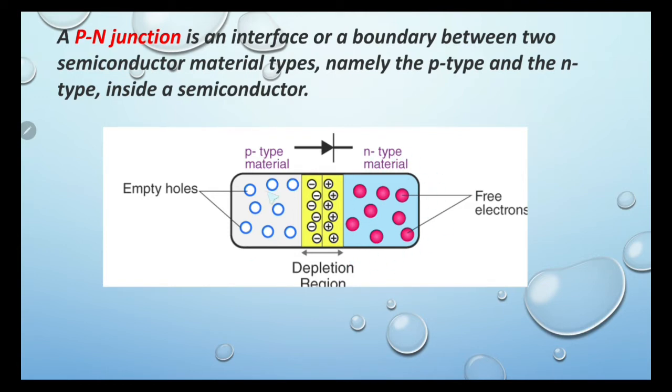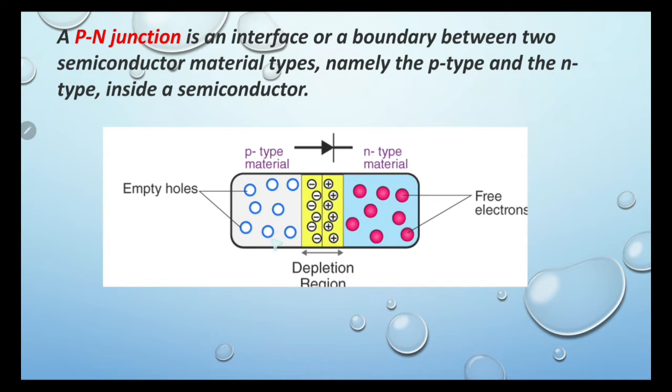In the left-hand side the holes are the major carriers, and in the right-hand side the electrons are the major carriers. Due to the different concentrations of electrons and holes in the two sides, some electrons from the N region diffuse into the P region and some holes from the P region diffuse into the N region.